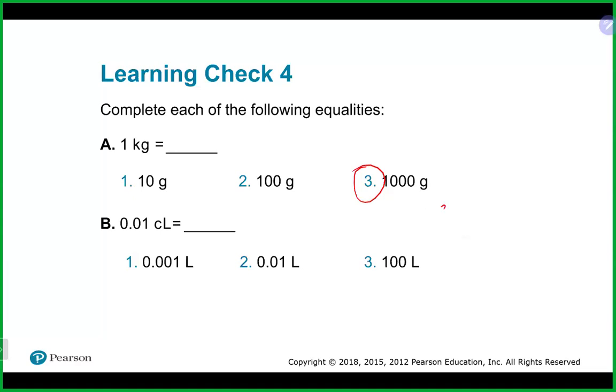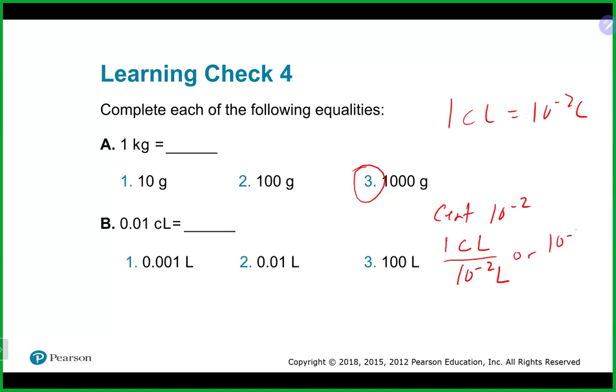Centi is 10 to the minus 2. So in 1 centiliter there is 10 to the minus 2 liters in the base unit. I should write it like that: 1 centiliter is 10 to the minus 2 liters. That gives us this conversion or this conversion.